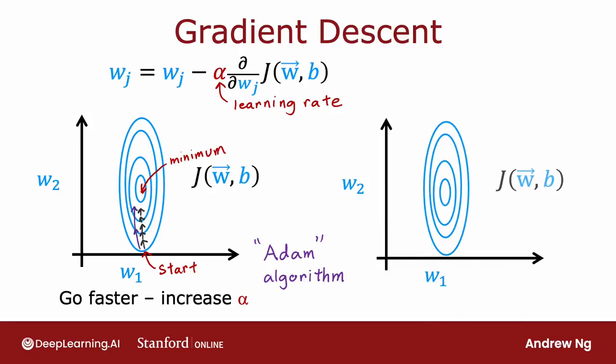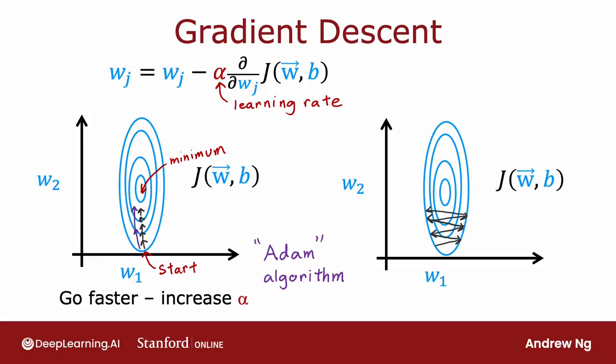In contrast, here again is the same cost function. If we were starting here and had a relatively big learning rate alpha, then maybe one step of gradient descent takes us here, and the second step takes us here, third step, and the fourth step, and the fifth step, and the sixth step. And if you see gradient descent oscillating back and forth, you'd be tempted to say, well, why don't we make the learning rate smaller?